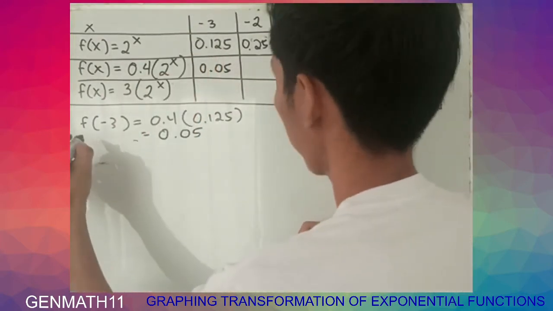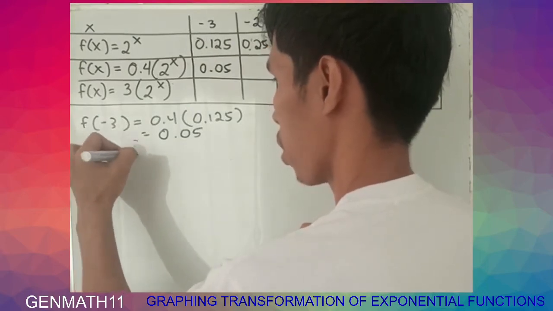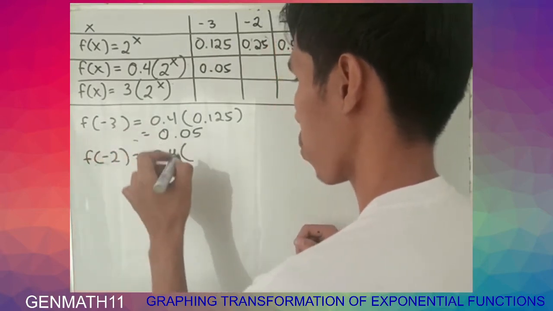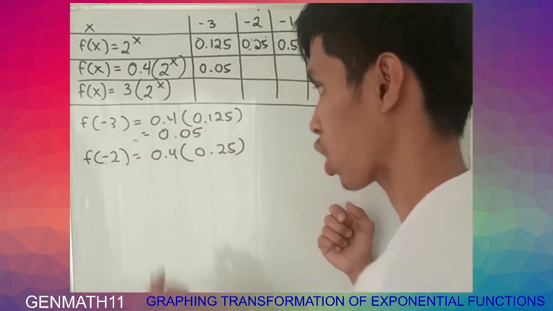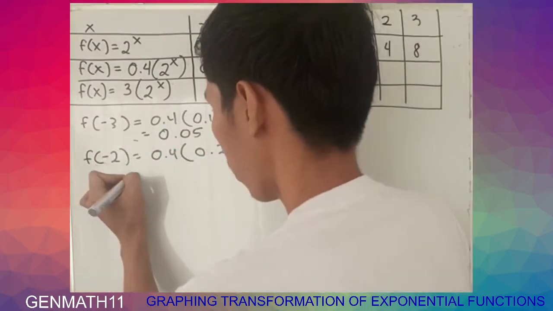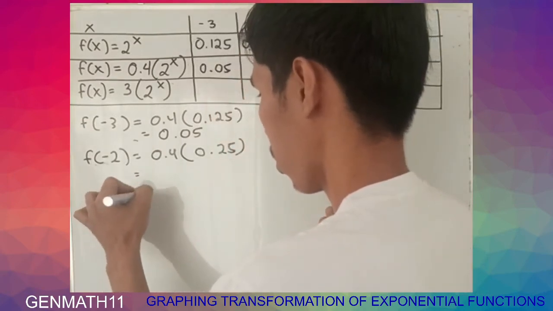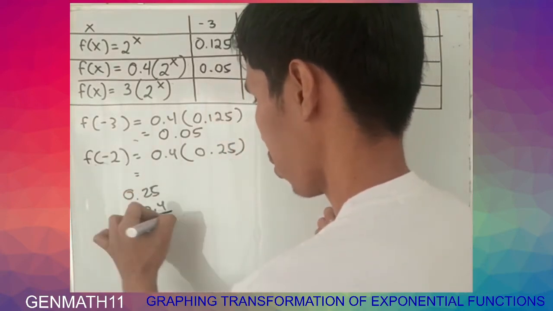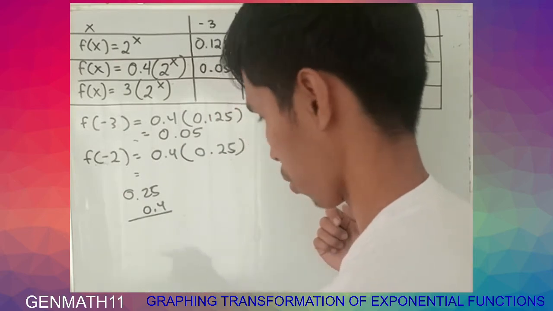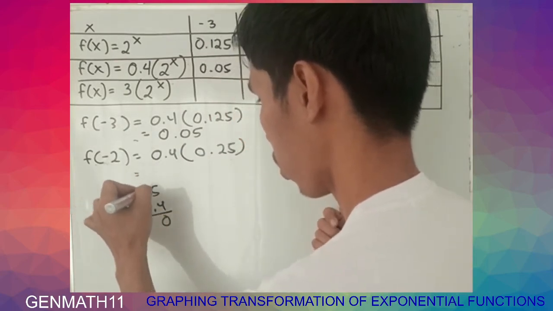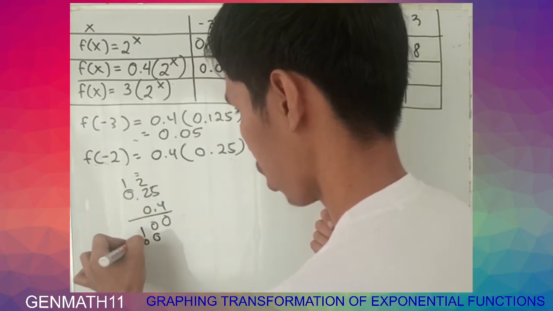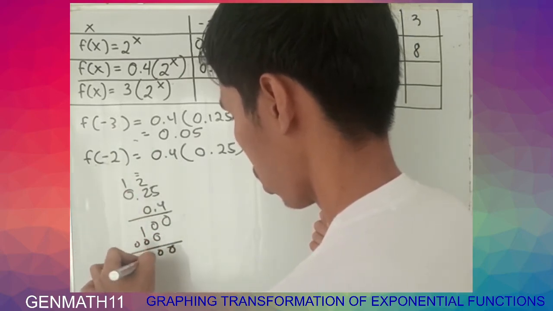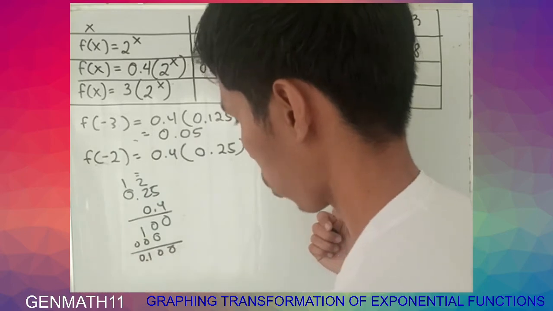Next. Sa negative 2 tayo. 0.4 times 0.25. So, para mas madali, gumamit kayo ng calculator. Sa case ko, manual computation tayo. Okay, 0.1.